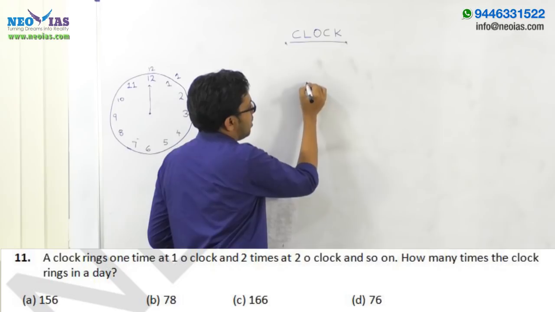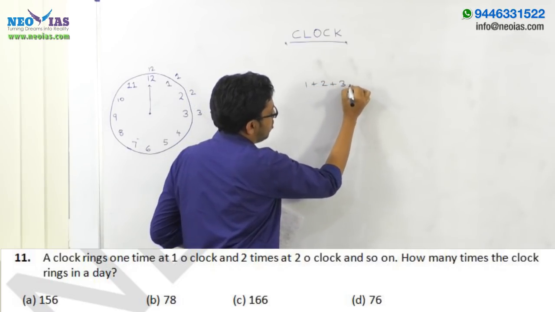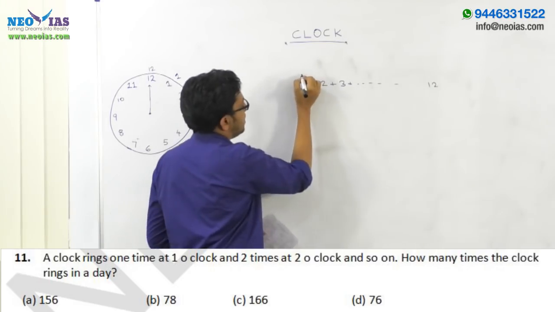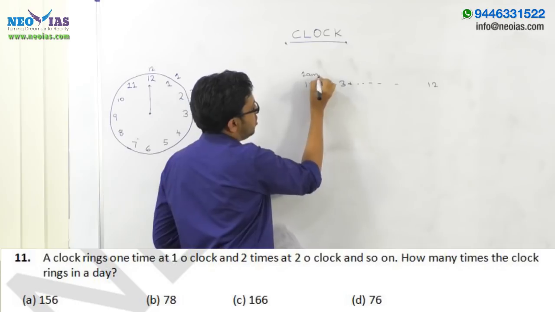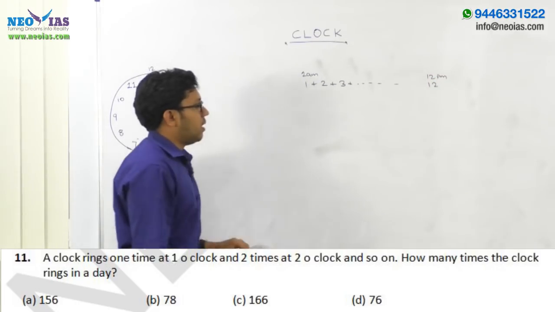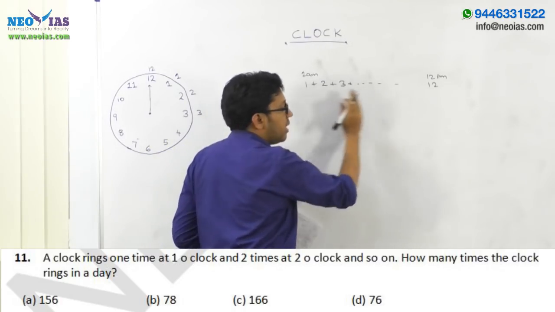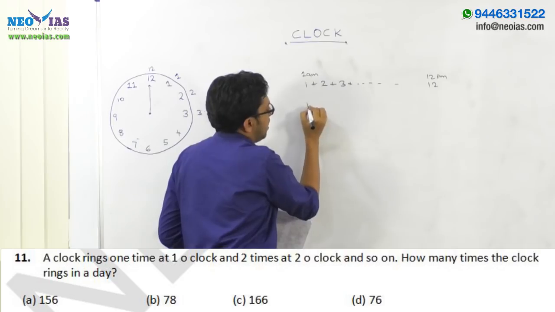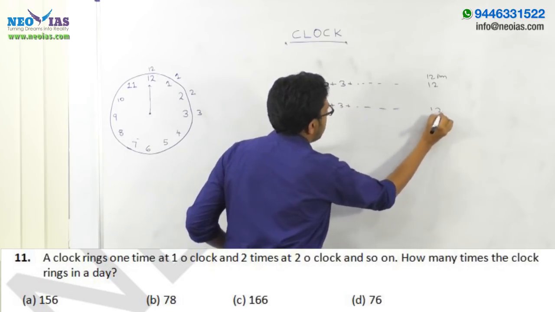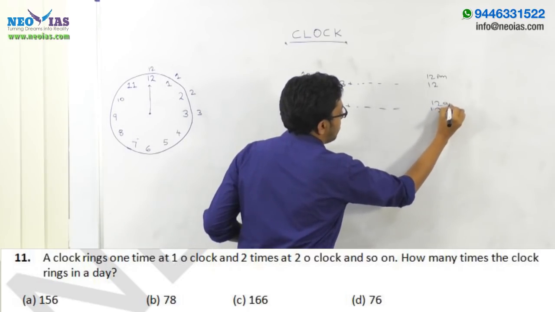That is, the addition of this ringing will be 1 plus 2 plus 3 up to 12, from 1 AM to 12 PM. Then again we need to find the addition of all ringing in a day. Next is again 1 plus 2 plus 3 up to 12, from 1 PM to 12 AM.